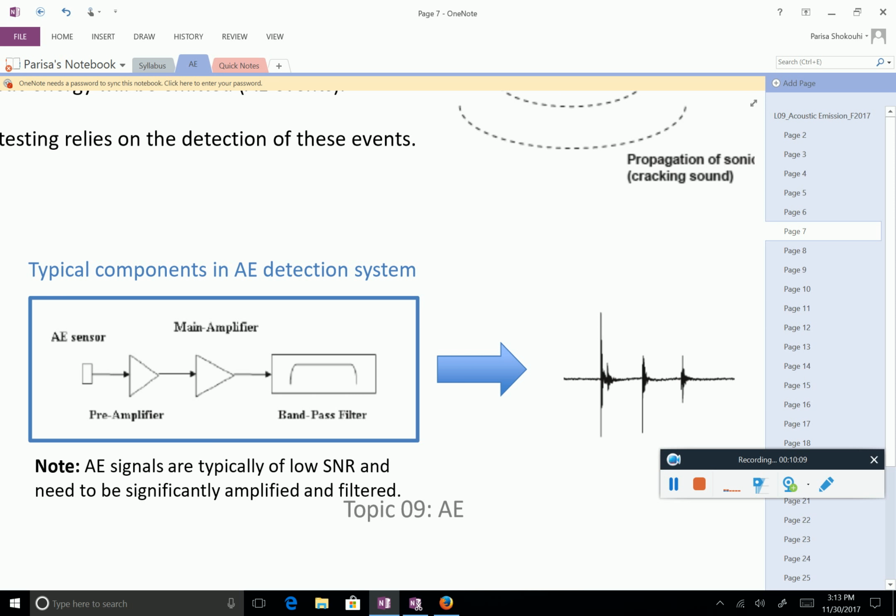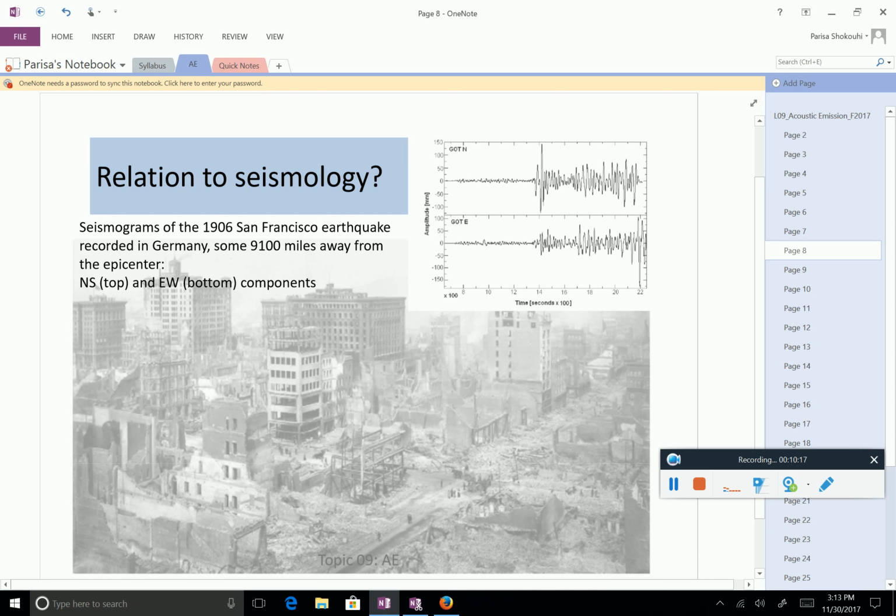And some of you are in geosciences, and of course there is a strong relationship between acoustic emission monitoring in industrial applications and seismology. What is the relationship? I mean, the picture is in front of you, but yes.